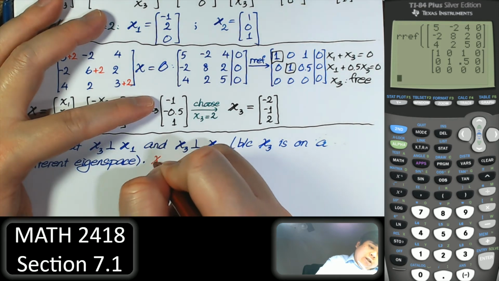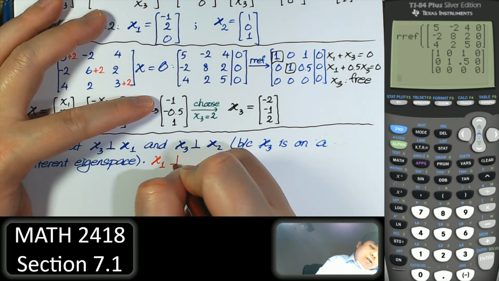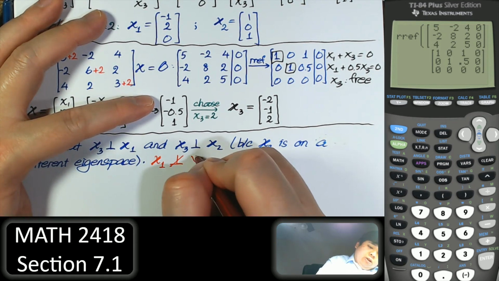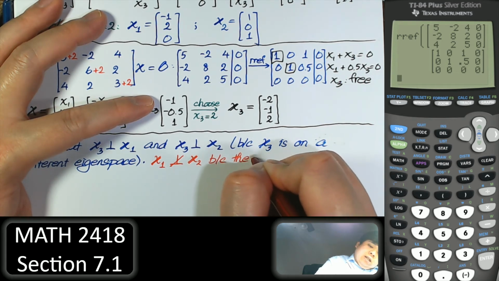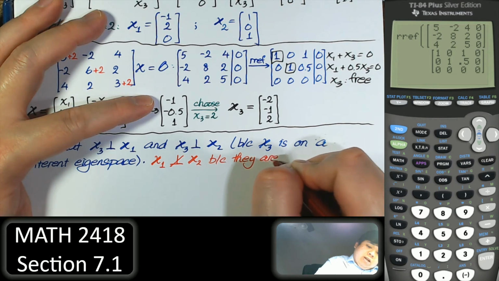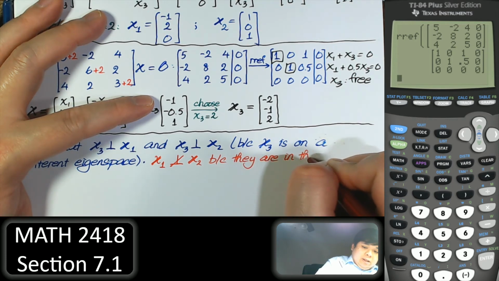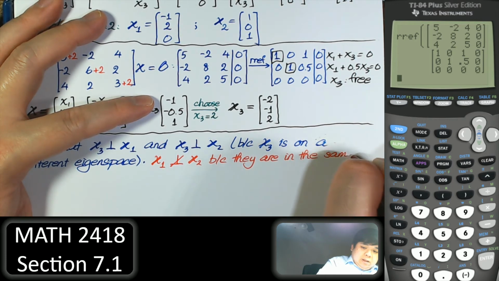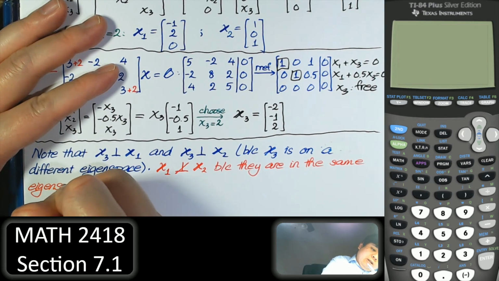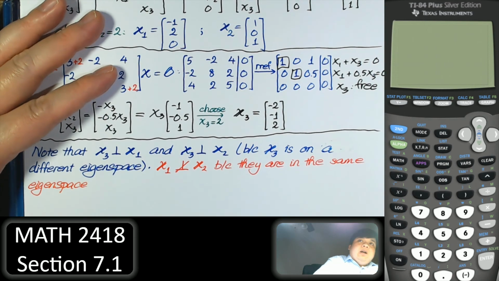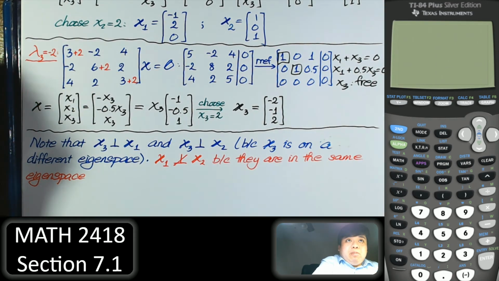So x1 is not orthogonal to x2 because they are in the same eigenspace, meaning they're not necessarily orthogonal.